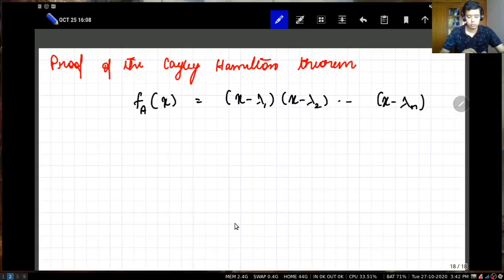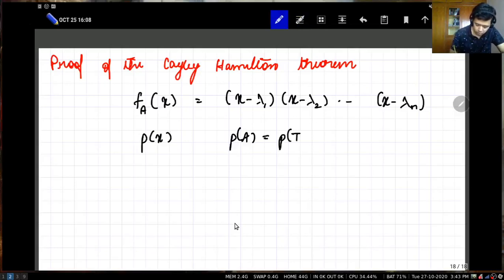Right now we've just seen that A is similar to a triangular matrix. So instead of looking at the matrix A, we can prove the Cayley Hamilton theorem for the matrix T, because given any polynomial function p of x, p of A equals p of T, since A and T are similar to each other.